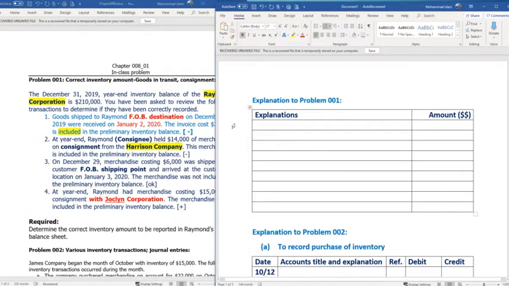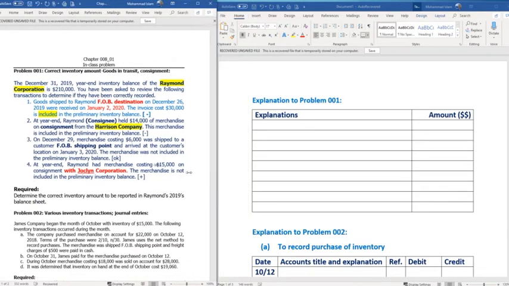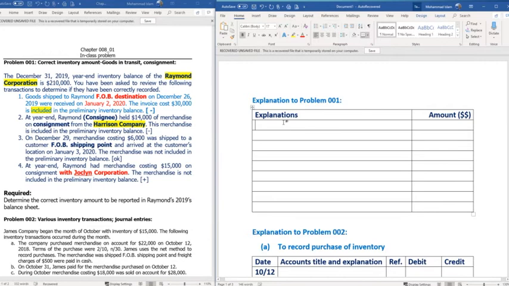Let's start with the first one, inventory balance before adjustment. Before adjustment it is 210,000, and then what do we do?